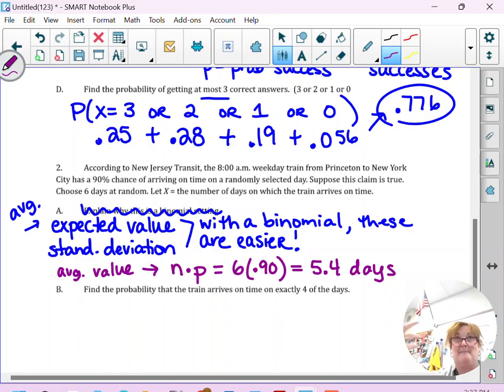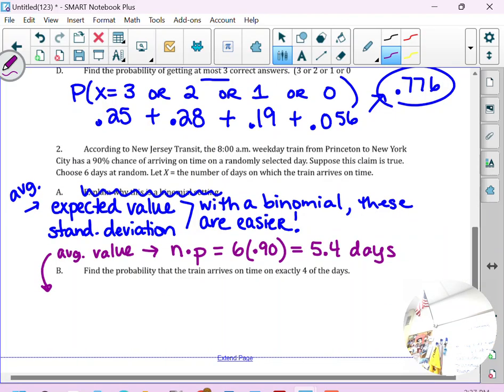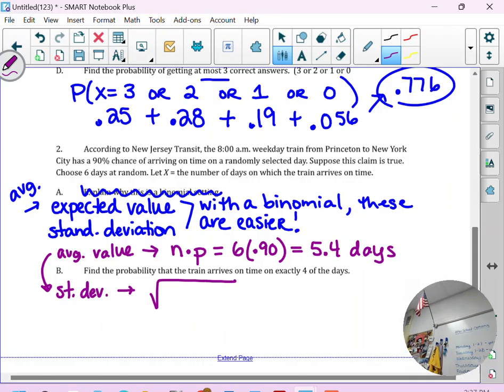Every 6 days, about 5 of those days it's going to be on time. If I want to know about how much that's going to vary, to do the standard deviation, I can take the square root of n times p times 1 minus p.